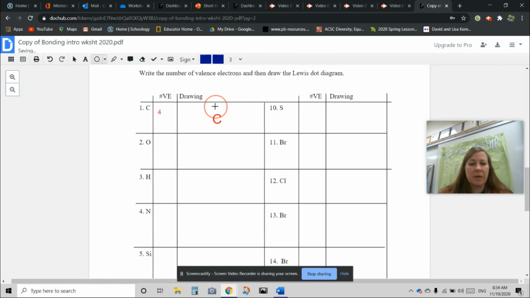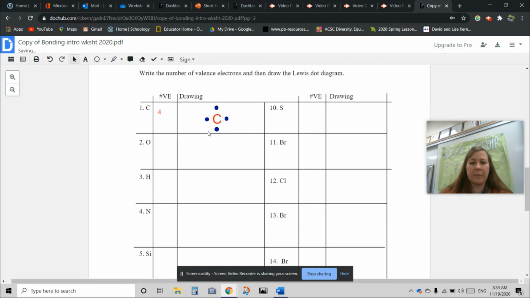And remember, it's top, bottom, left, and right. There's 1, 2, 3. They should all be the same size, but I don't like that position, so I'm going to move that in a bit. Okay, so there I've got my 4 dots. That's my carbon atom. I like it.